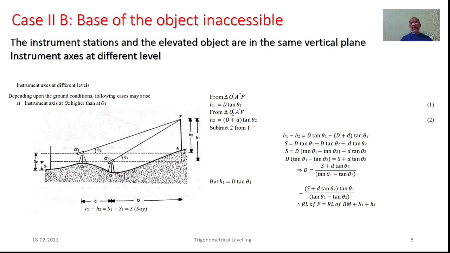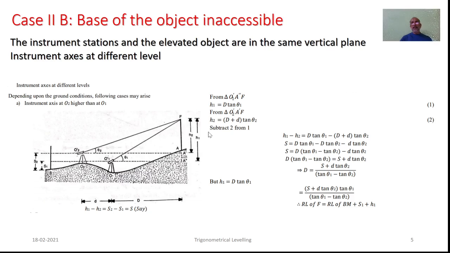Say with the first setup, the vertical ordinate with respect to this particular horizontal plane up to the top of that particular feature is say h1, whereas with the subsequent setup at O2, the vertical ordinate with respect to the horizontal plane up to the top of the feature is say h2.